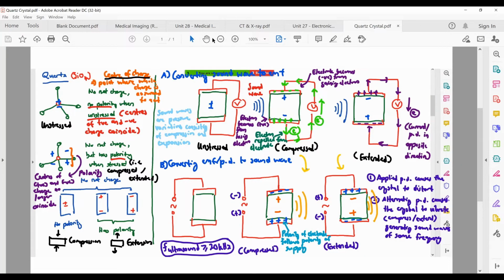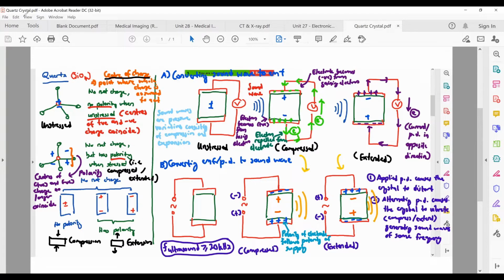Now, just like I told you, you can use ultrasound to produce an image of your body structure. Part of the syllabus requires you to learn how ultrasound is produced in the first place. Now, what we'll just tell you is this.